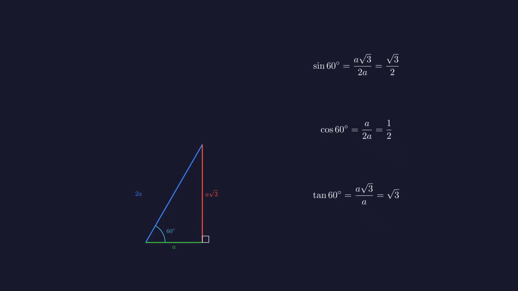Cosine 60, a over 2a, 1/2. Tangent 60, a root 3 over a, root 3. Clean exact values, no decimals.